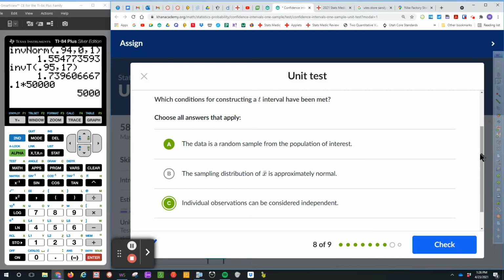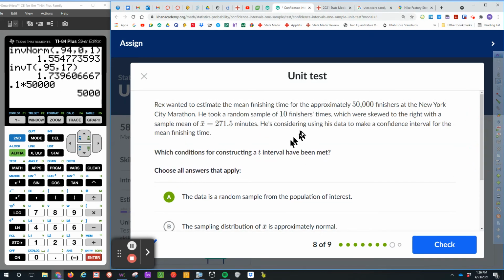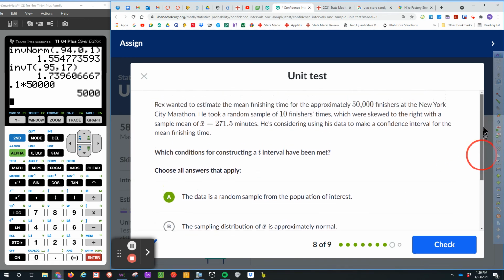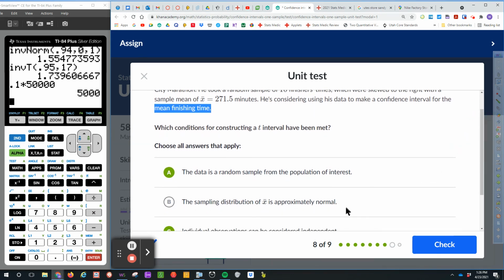So this works. What doesn't work is it says here the sampling distribution of X bar is approximately normal. It cannot happen because the sample size here is 10. If it was 30 and more, then the sampling distribution will be approximately normal, but it's not. So here we know that B cannot be.